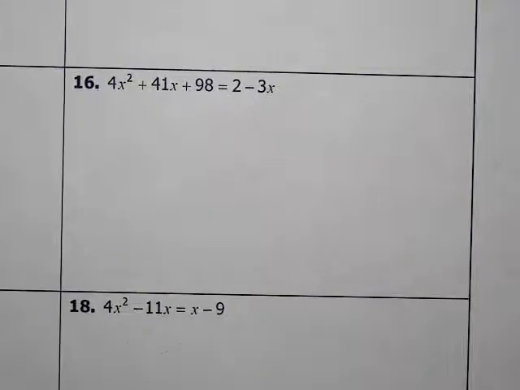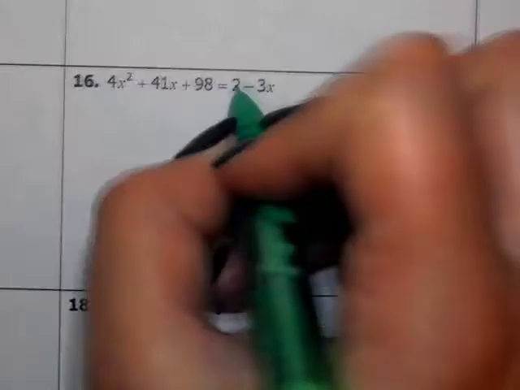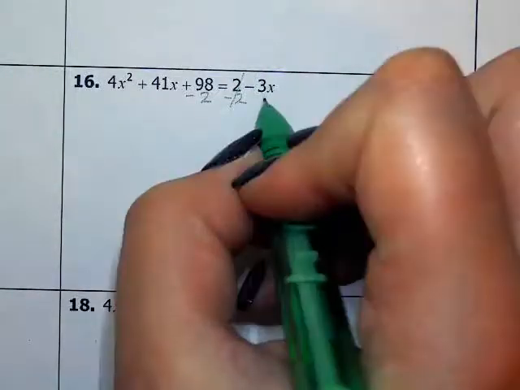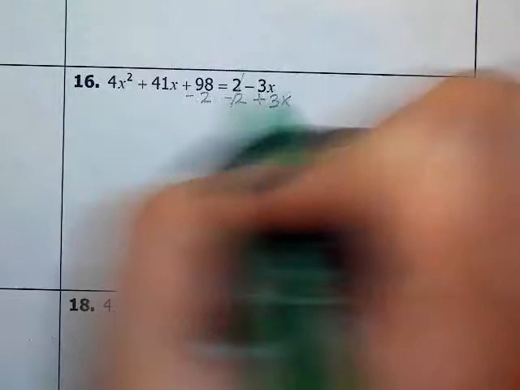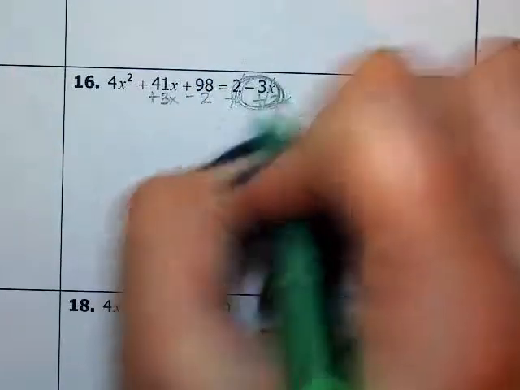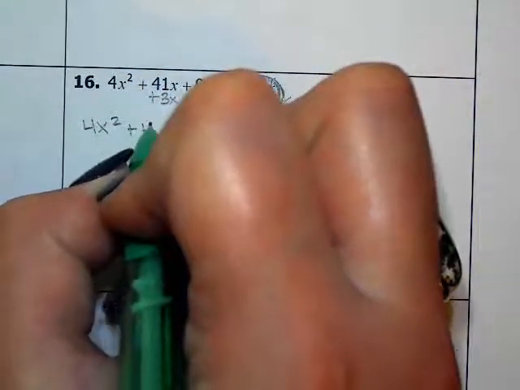All right. What do I need to do? Move them. All right, minus 2. Okay, and then add the 3x. And that is now 0. So we've got 4x squared plus 44x plus 96.